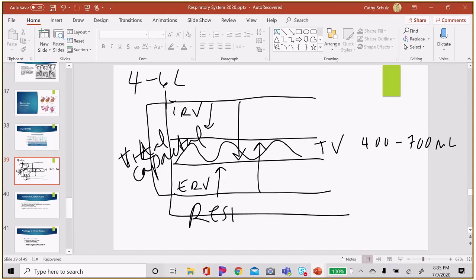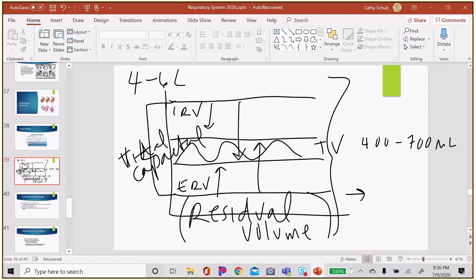You see a space here, which is the residual volume, because we never empty our lungs of air completely. That would be bad, because it would be really hard to open them up again. So there's always a volume of air left behind. This is something we can't measure because it's inside. So this is a mathematical equation, which you would never have to do. But just know that this is the total lung capacity, which is different than vital capacity because I don't use this air.